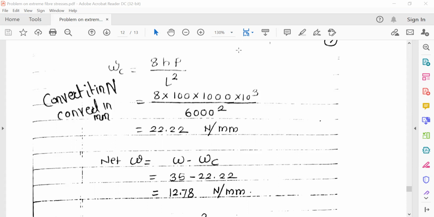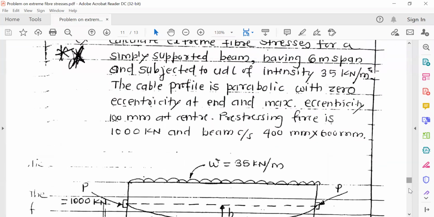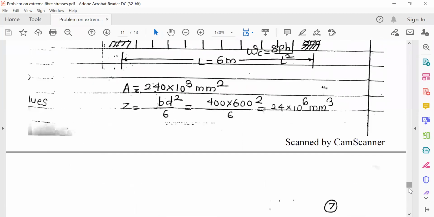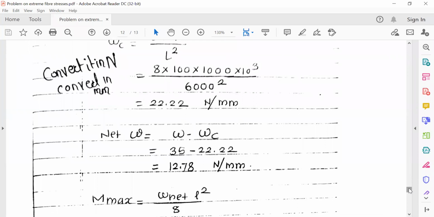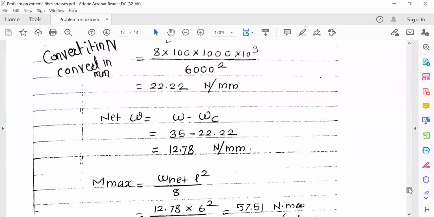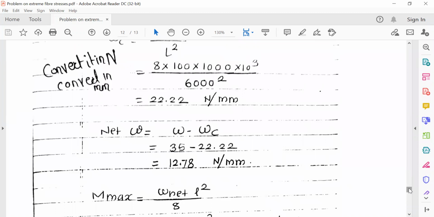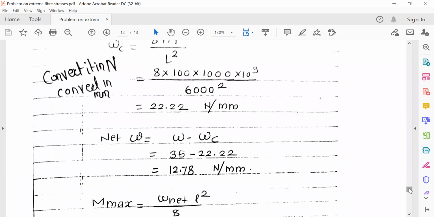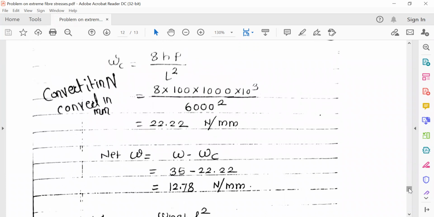Yeah, it is in kilonewton per meter. Wait, let me check. Yes, you need to convert it then. Convert it in Newton per mm, and then see the value for the net W. Whatever it will be the value, that will be the answer for the net W.